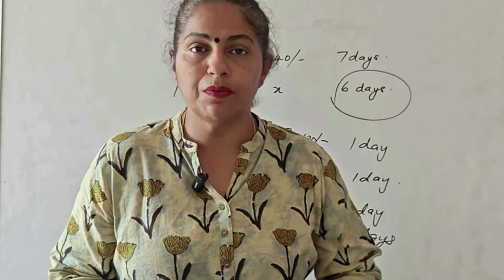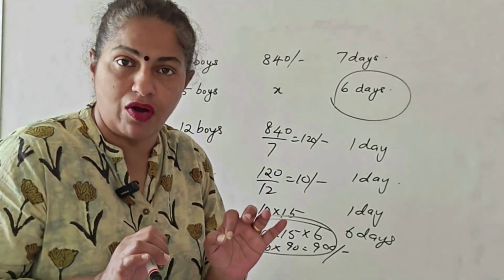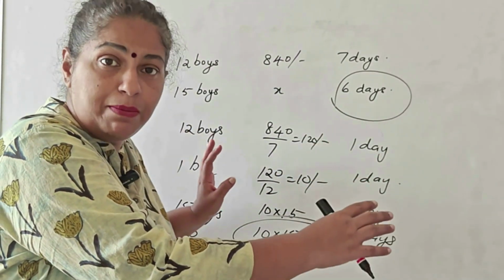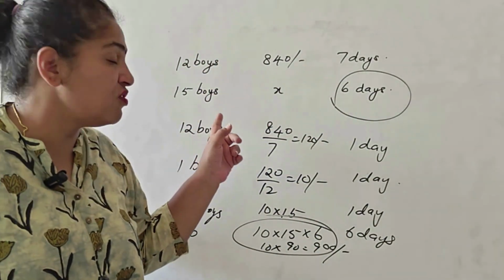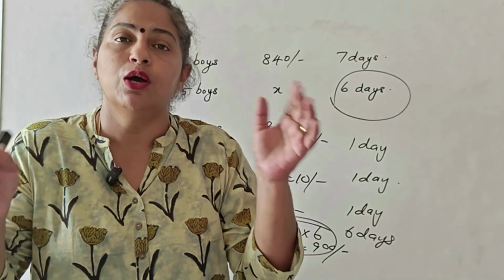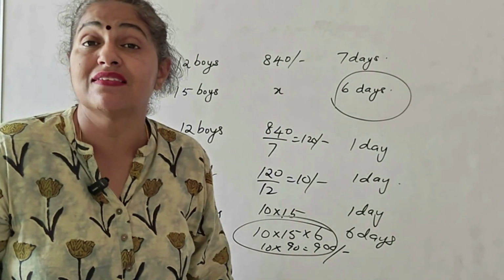So what do you need to keep in mind? If there is a quantity that is to be found, the remaining two quantities over here have to be made into a unitary value. So here I have made the number of boys into one boy and the number of days into a single day, before I proceed to find how much money will 15 boys earn for 6 days.